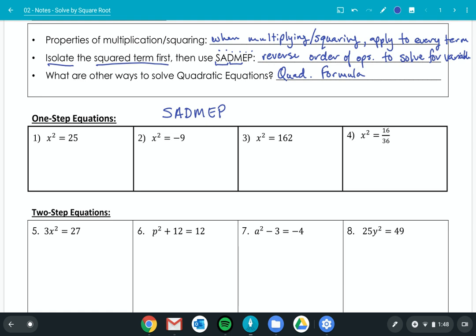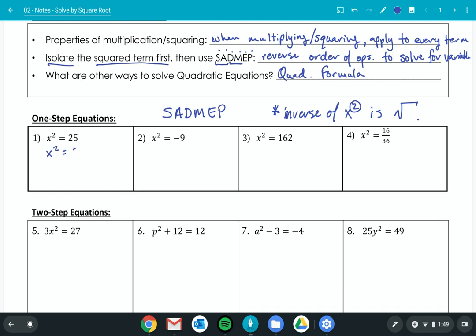In order to get rid of this squared term, I need to do the inverse of it. One thing to keep in mind is the inverse of squaring anything is taking the square root. So I'm going to take everything on this left side and take the square root of it.